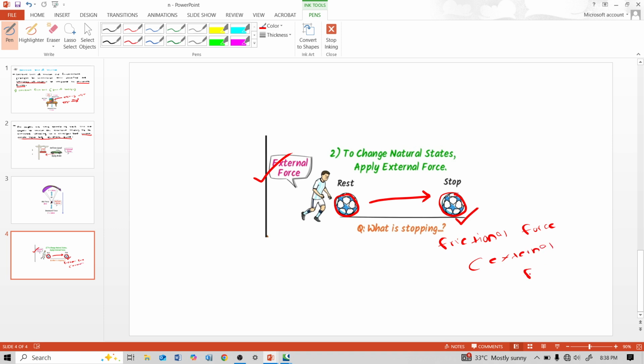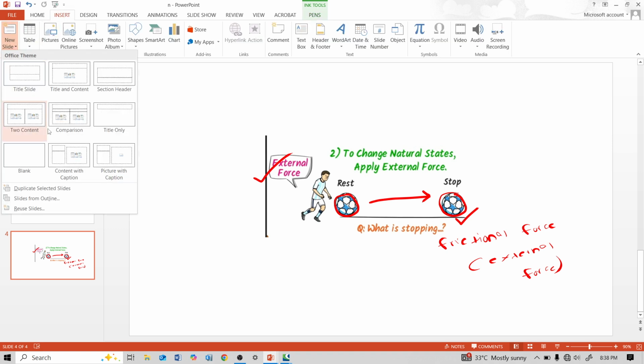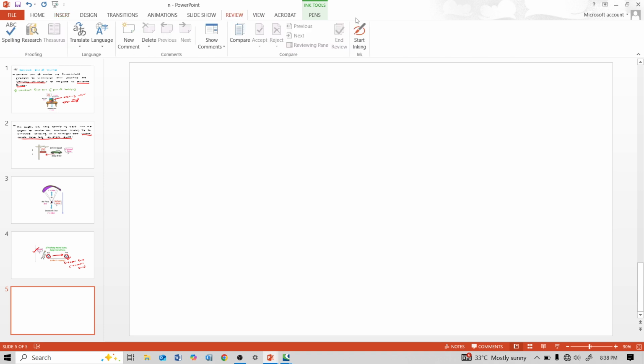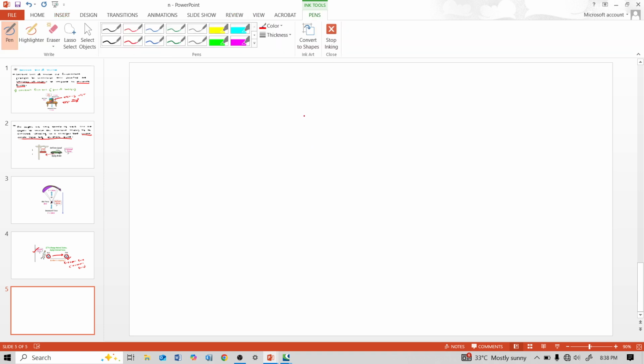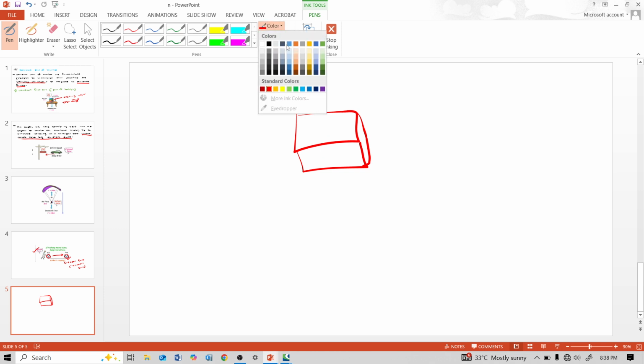So always remember that external force is very necessary to change the nature of a body. If this is some instrument in a rest condition, it will always stay at rest. We need to apply force to move this body. If I apply an external force, then only it will move.